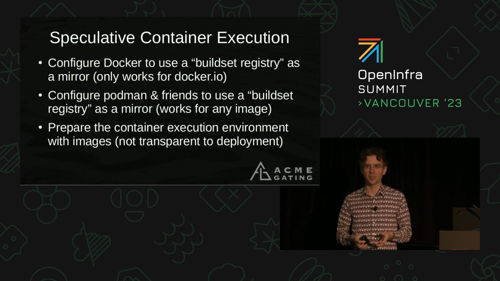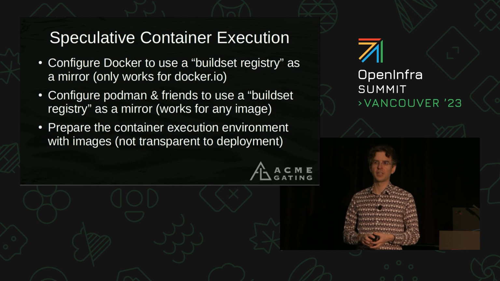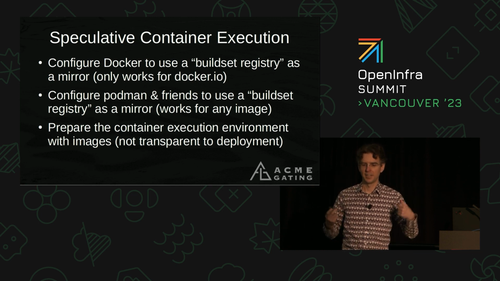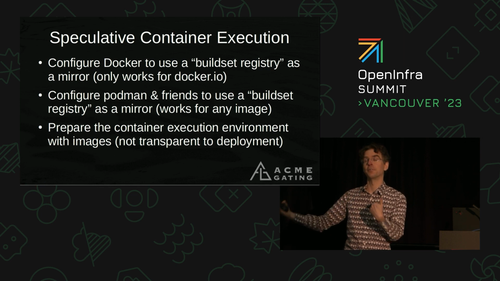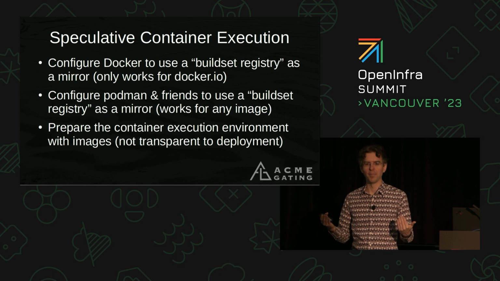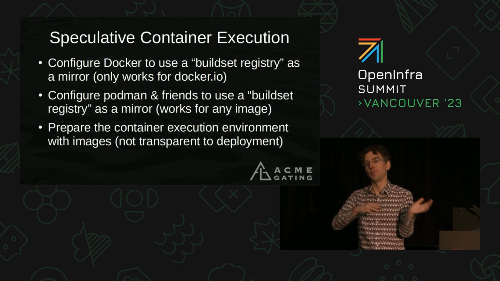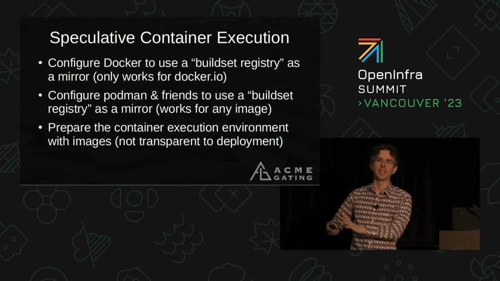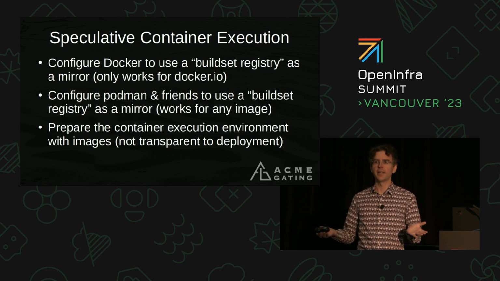And then there's a third option, which is you can kind of cheat a little bit. Instead of doing this mirror thing, you could prepare your container environment by sort of side-loading the images into it before you start running your test jobs. That works fine.